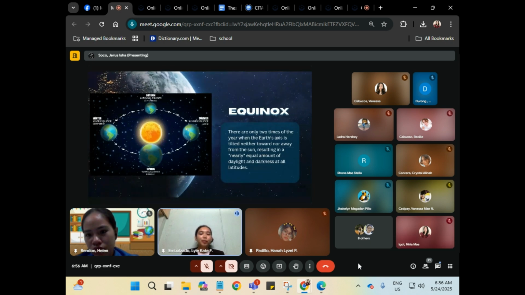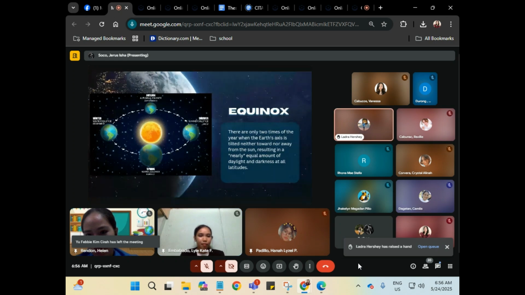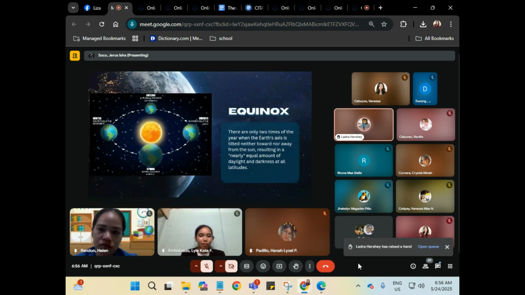So, can I have someone to read what is an equinox? Yes, Ladra. Equinox. There are only two times of the year when the Earth's axis is tilted neither toward nor away from the sun, resulting in a nearly equal amount of daylight and darkness at all latitudes.